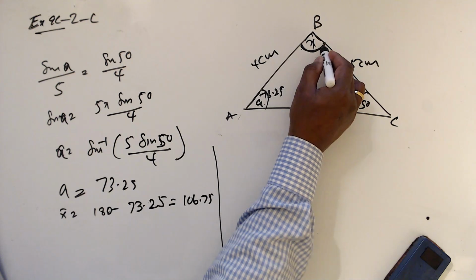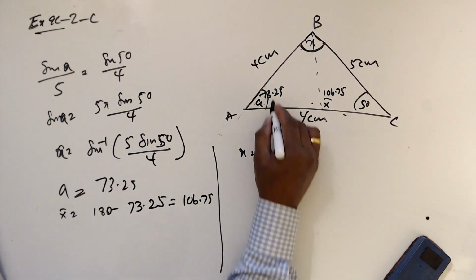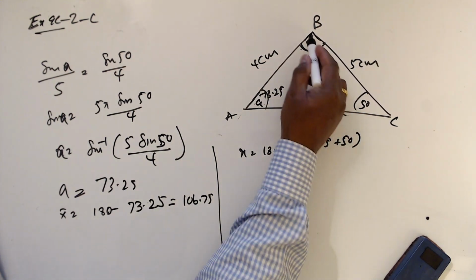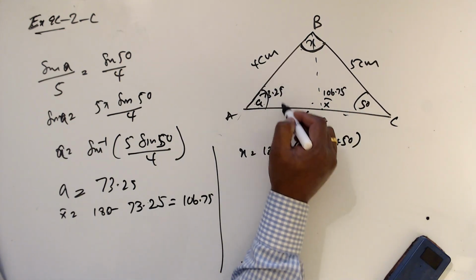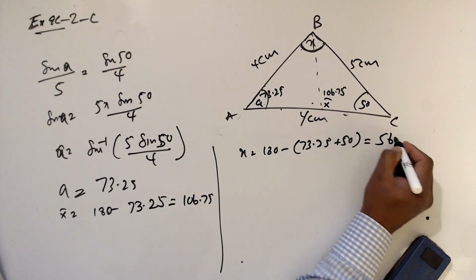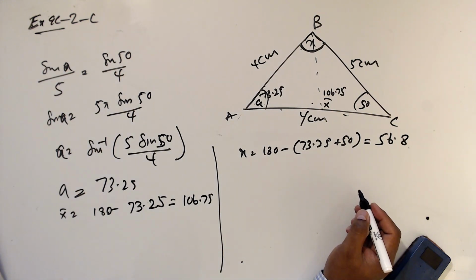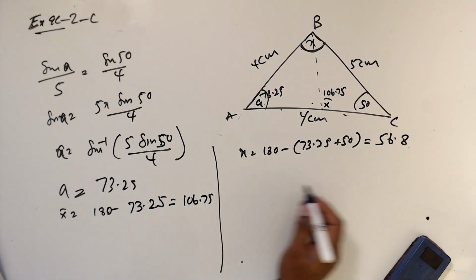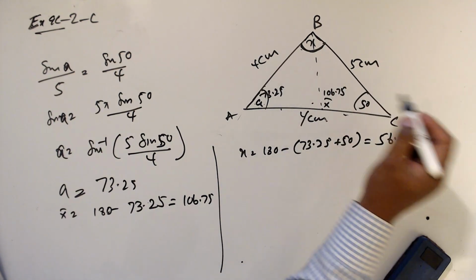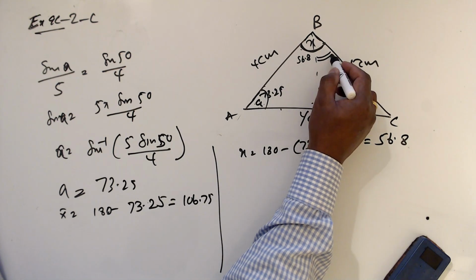Okay, I will consider this one, major x equals 180 minus (73.25 plus 50). I consider the bigger triangle, this is 50, and this one. Then x will be 56.8. So the bigger triangle is 56.8. We'll find the small angle as well.